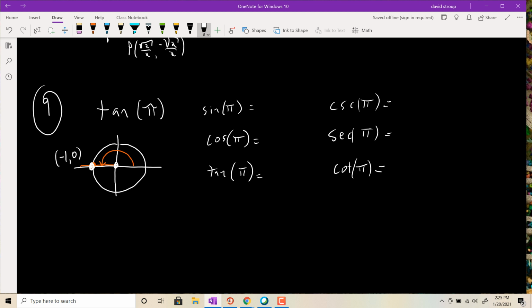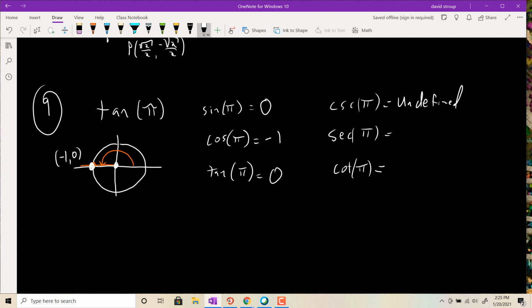Okay, so sine of that angle is just going to be the y-coordinate, so it's 0. Cosine will be the x-coordinate, which is -1. And then tan will be 0 over -1, which is 0. Cosecant will be 1 all over 0, which is undefined, so we just put undefined.